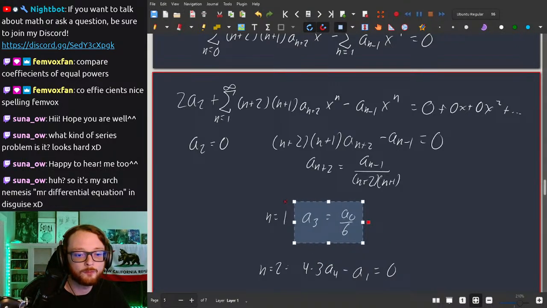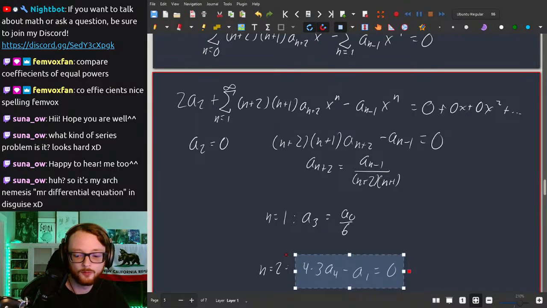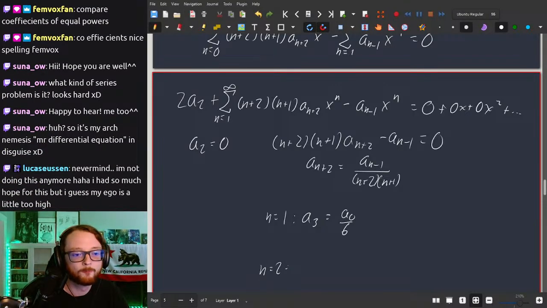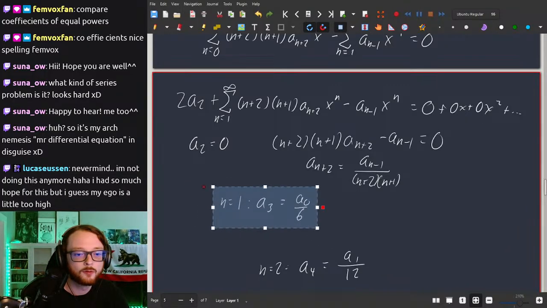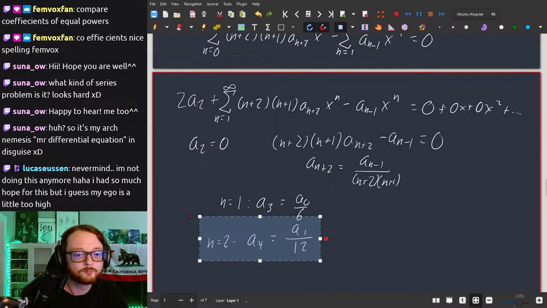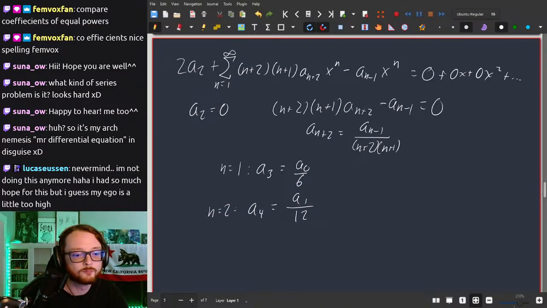We're going to have to write out quite a few terms here, so let's just save some space. 4 times 3 is 12. A sub 2, which is 0.